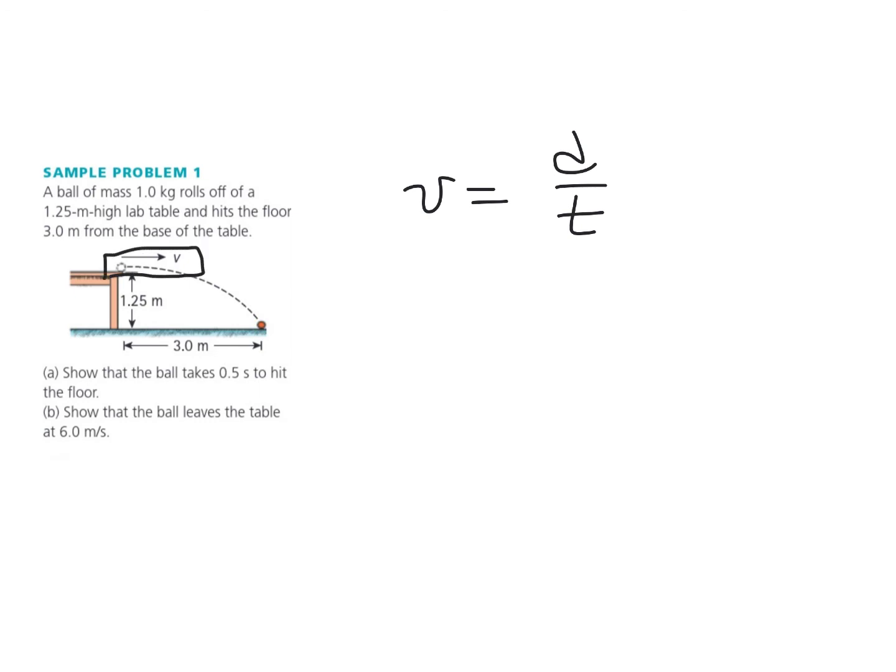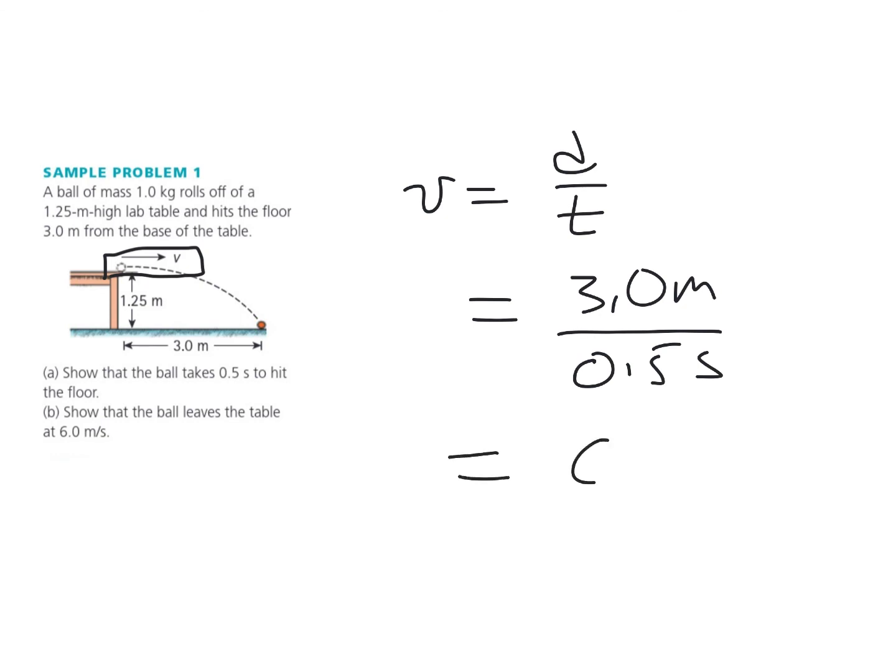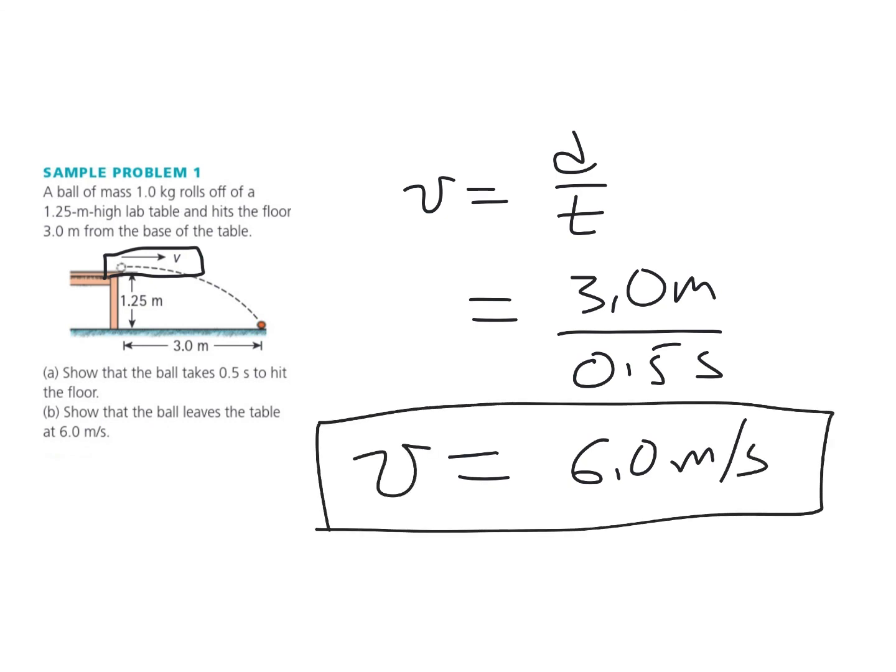The distance is 3 meters, and we're dividing by the time it takes to hit the ground, which in the last part of the problem we found was 0.5 seconds. 3 divided by 0.5 gives us 6 meters per second, and of course, that's what we would expect for a speed or a velocity. So that's the speed that the ball leaves the table with, 6 meters per second.